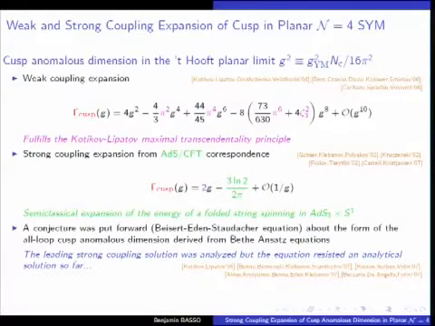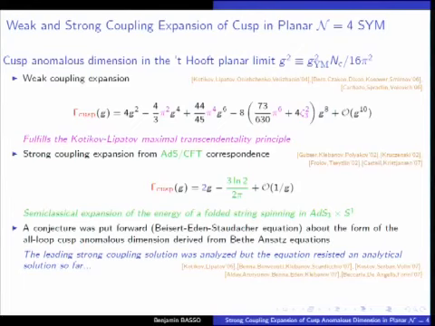So we work in planar N=4 super Yang-Mills, in the planar limit with the 't Hooft coupling constant defined in this way, with N_c going to infinity. The weak coupling expansion of the Cusp is known up to 4 loops.